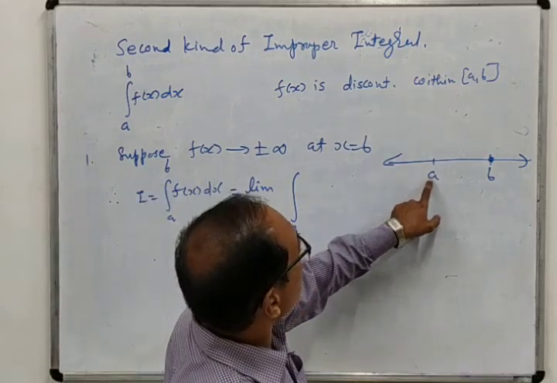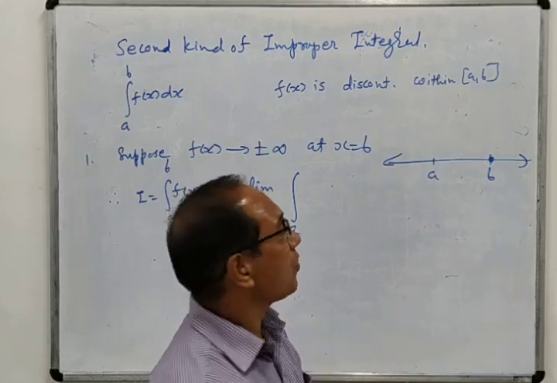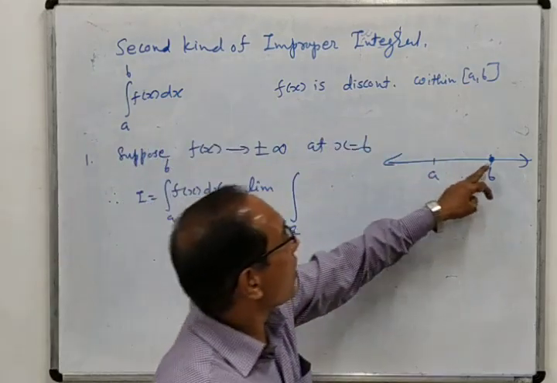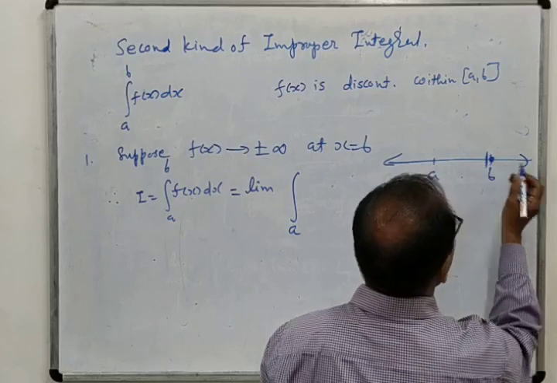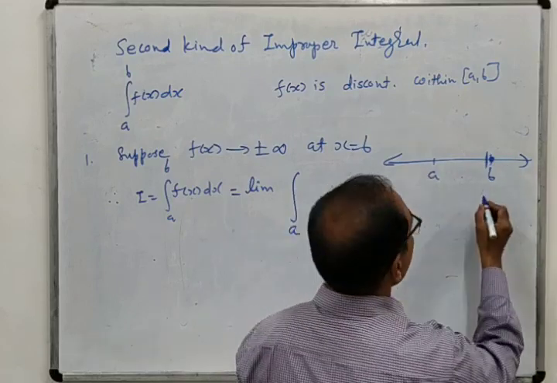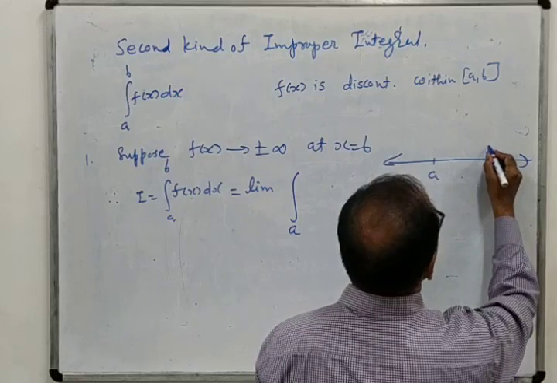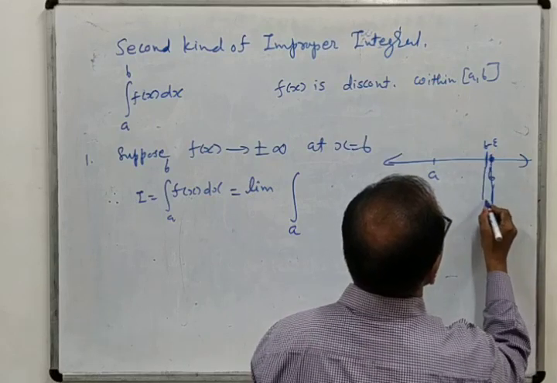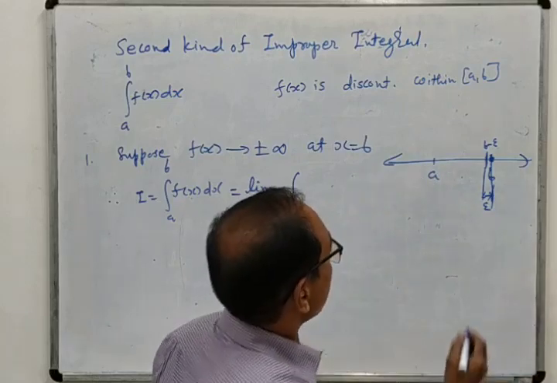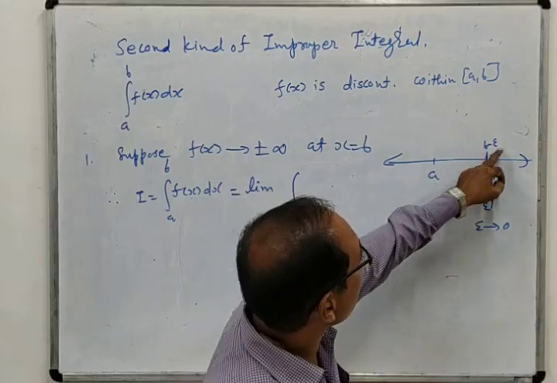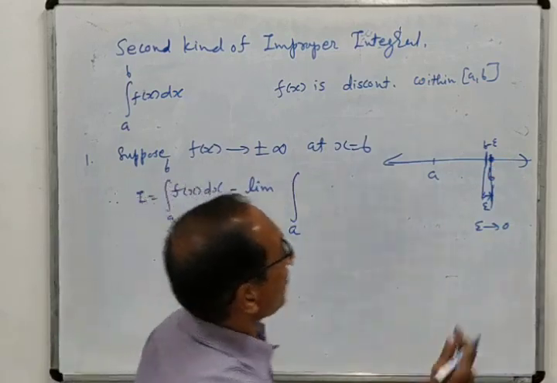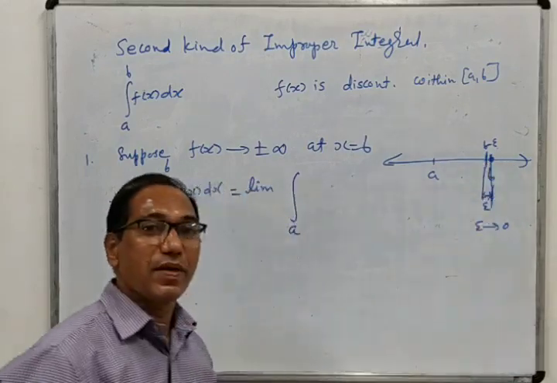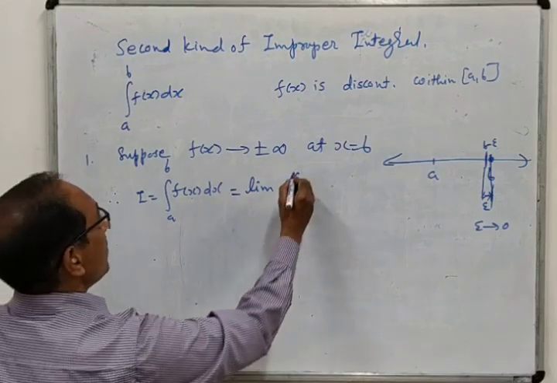It is continuous starting from A to a point near B, so we are falling into a problem only due to the point B. So we will consider a point on the left side near B, at some distance epsilon, that means B minus epsilon. So we write B minus epsilon here.